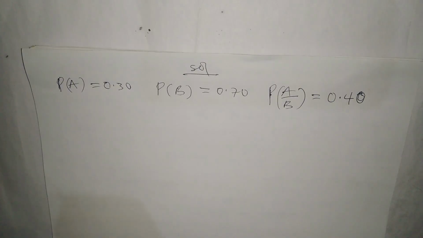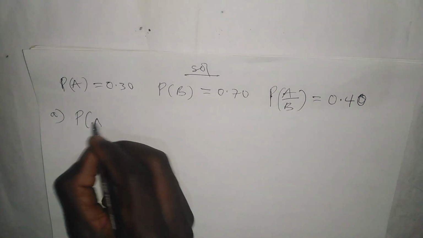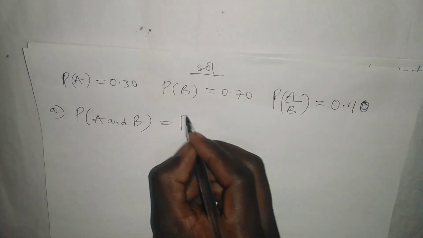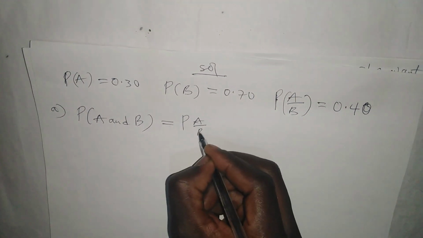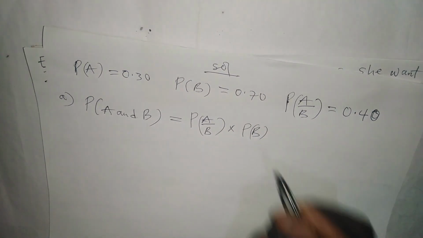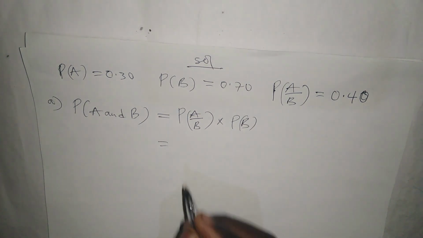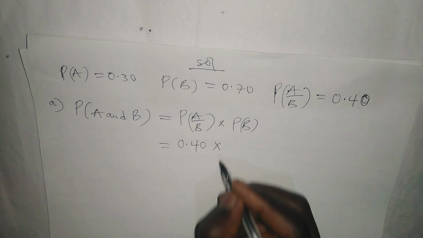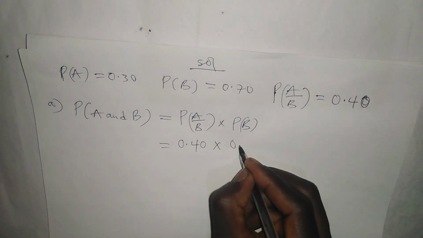So let's solve question A. Question A says, what is the probability that she will enroll in both algebra course and biology course? So we have the probability she will enroll in algebra and biology, and that is equal to the probability of A given B times the probability of B. So we know the probability of A given B is 0.4 and the probability of B is 0.7.